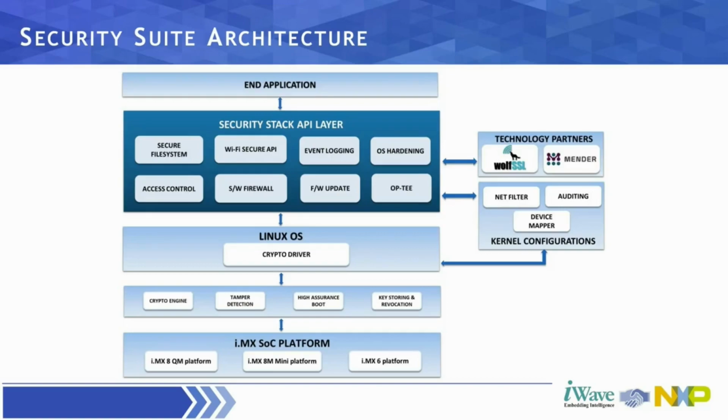The iWave security suite provides value addition through APIs, acting as an interface between your end application, the Linux drivers, and third-party providers such as wolfSSL and Mender. It integrates the APIs necessary for all these security functions and enables you to call them without needing to build the complete driver support or go through software development again.